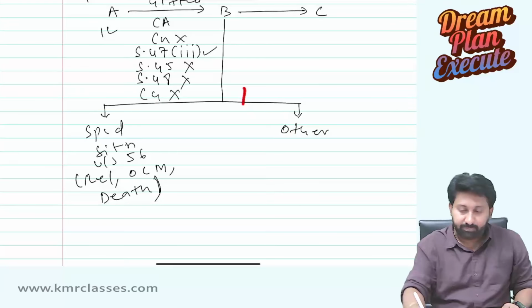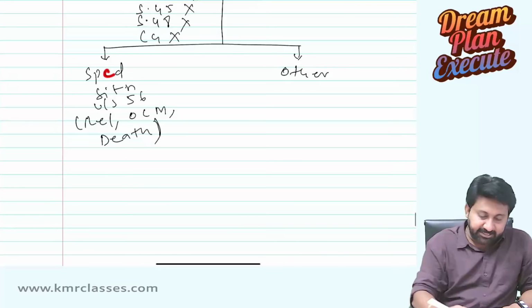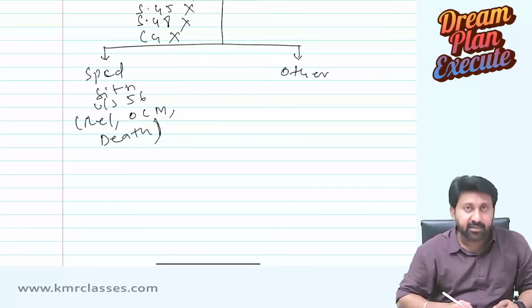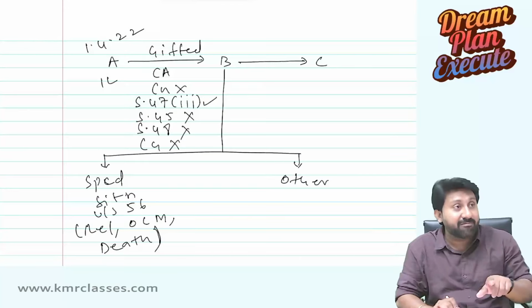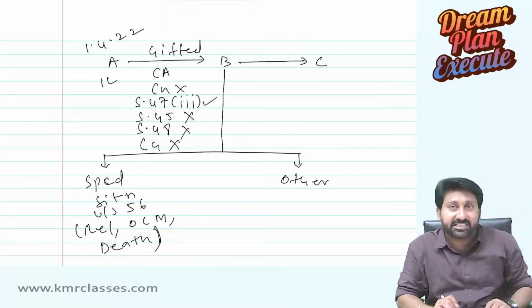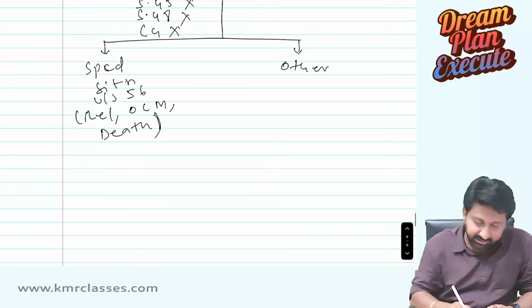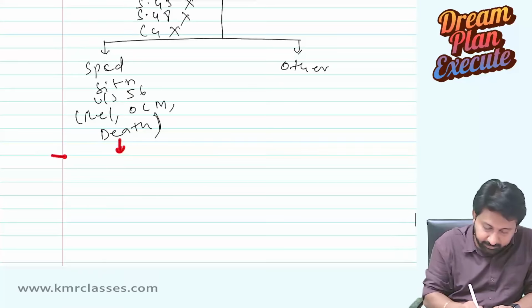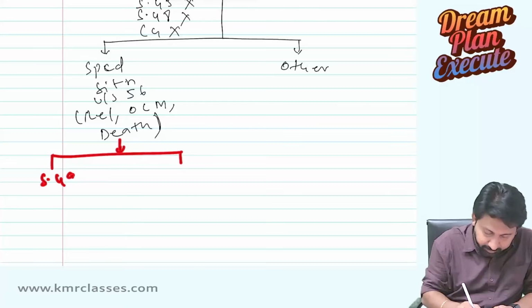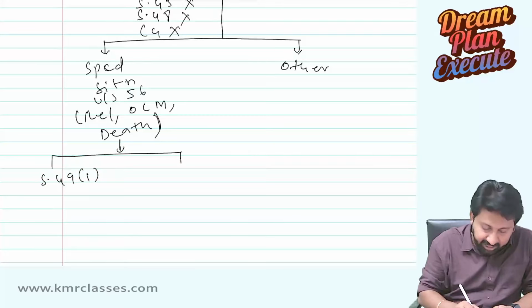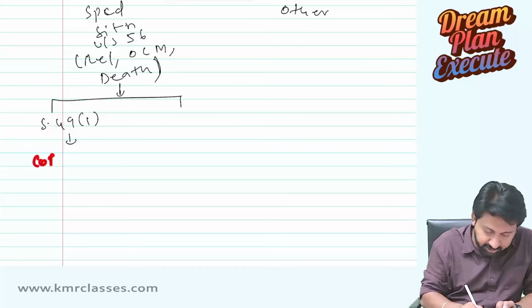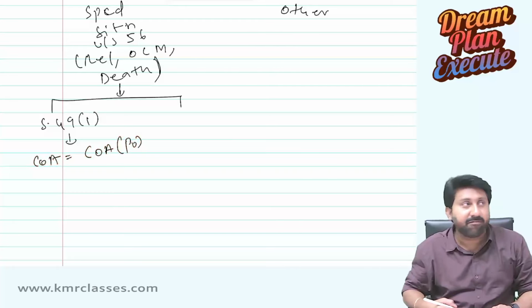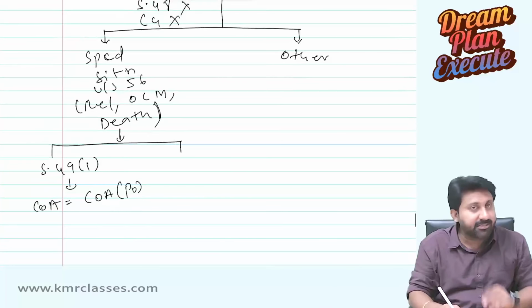Now, see here, specified situation under section 56. And if B is a relative or B received it on occasion of marriage, where it is exempted under 56, those kinds. In this case, section 49(1) will get attracted. Cost of acquisition will be cost of acquisition to the previous owner.